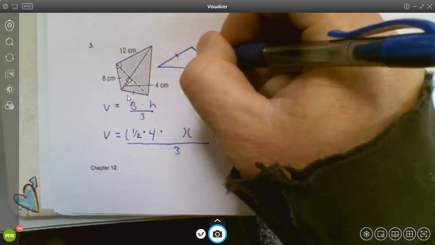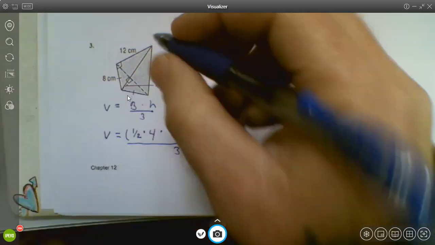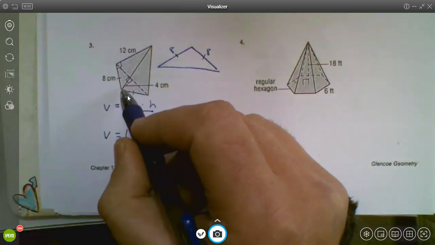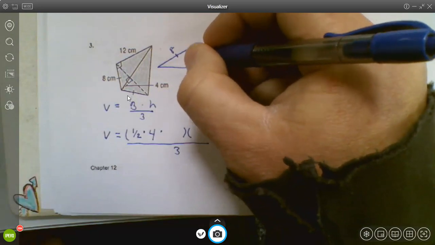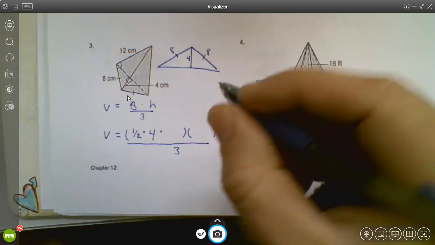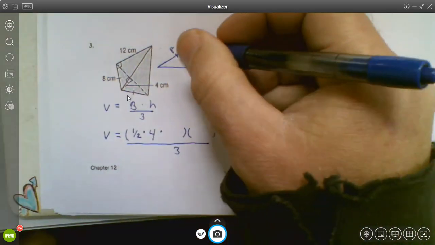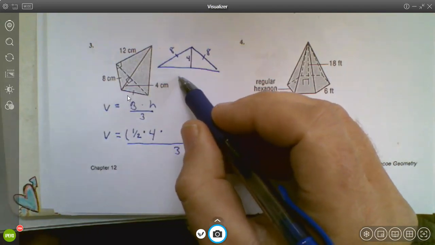So they told us that these two were congruent. These are both 8. So I'm going to put those here. They told us this height is 4. So I'm going to put that here. And we just need to come up with this. Now that I lay it out like this, it looks pretty clear.